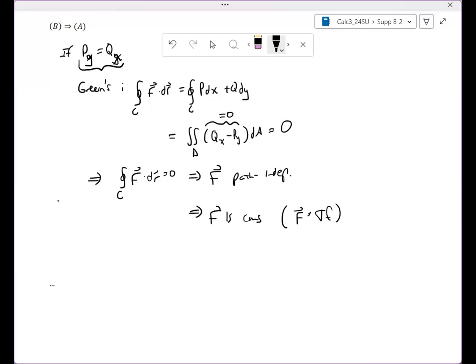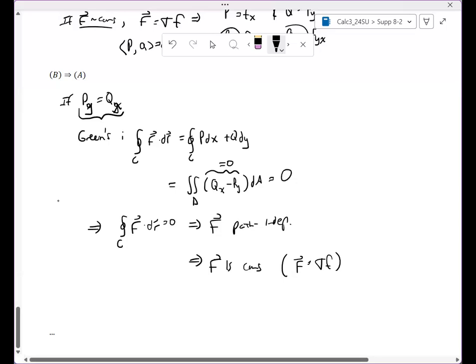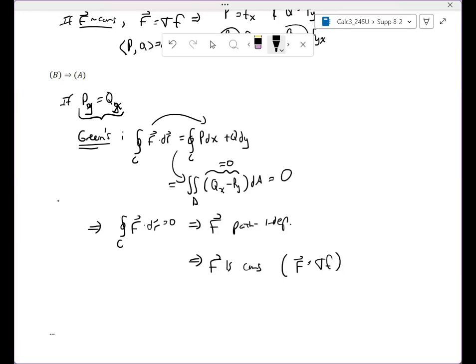So this is really the direction of this theorem that we really needed and that we used the most. And it was directly reliant on Green's theorem for this all-important step here, and then also some of our other definitions and lemmas to drive things home. But really, this was the key step, getting this Qx minus Py integrand that we can see is 0 from our assumption.